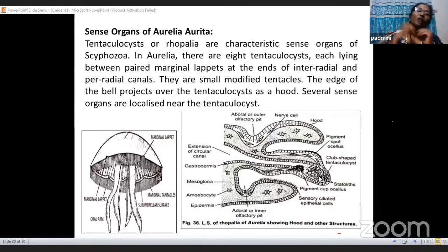That is, you have lost your center of gravity and then you fall down. In case of Aurelia, or in case of us, the inner ear tells us that you have fallen down, get up and stand straight. The statoliths in the Aurelia help them get back to their position.